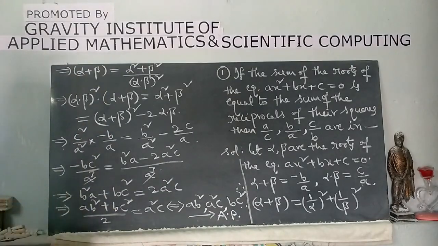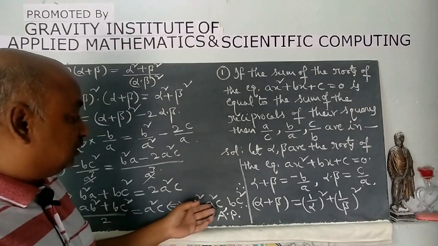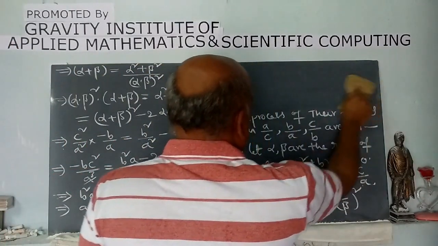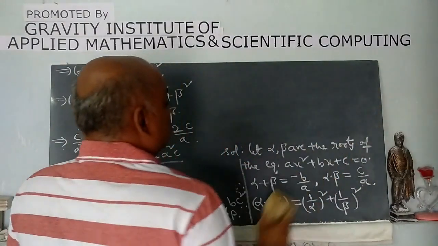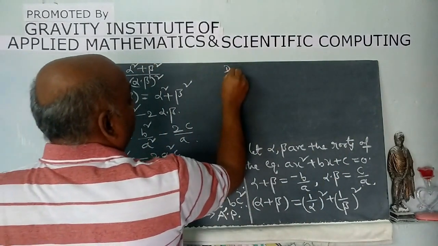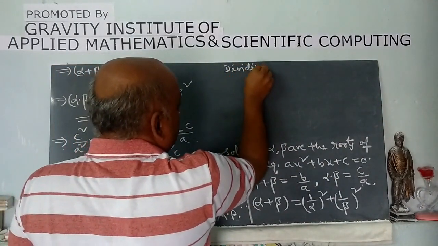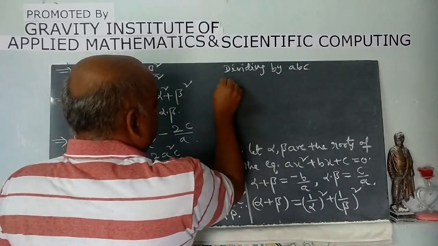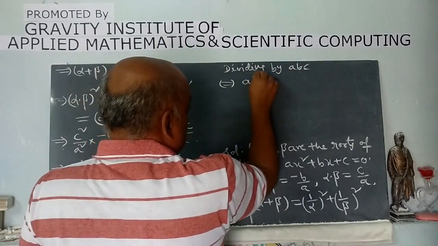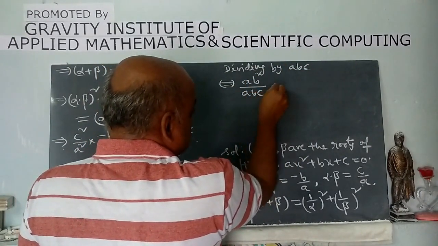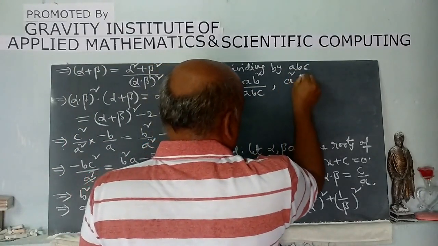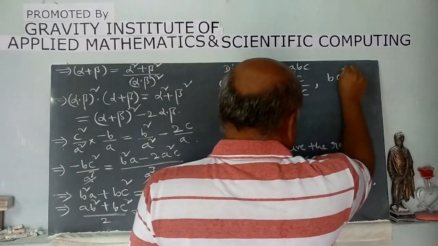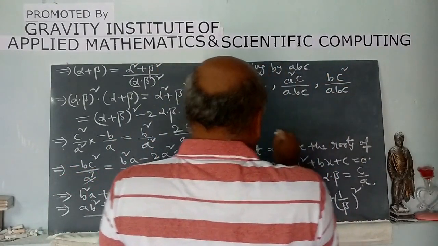Now dividing the terms by abc, this implies ab square by abc, a square c by abc, bc square by abc.